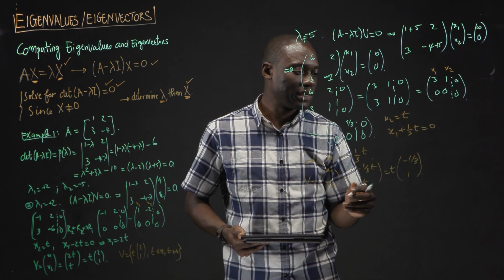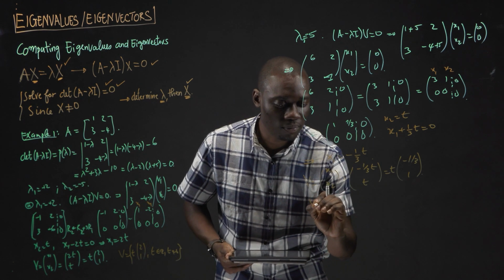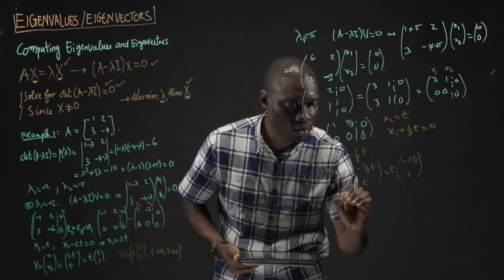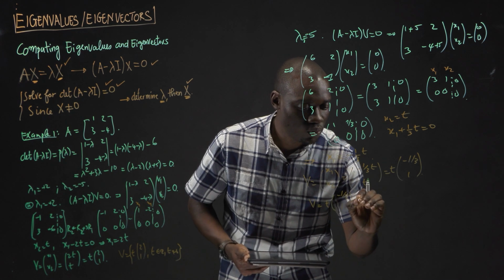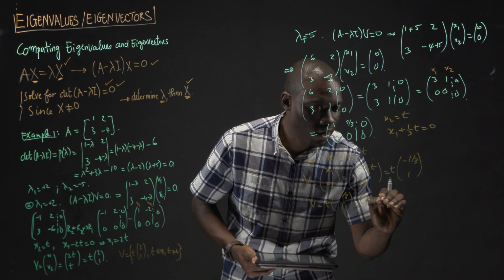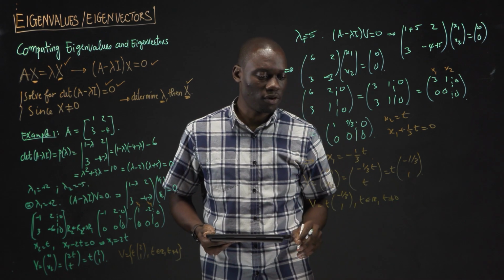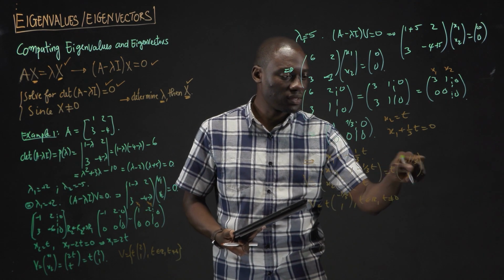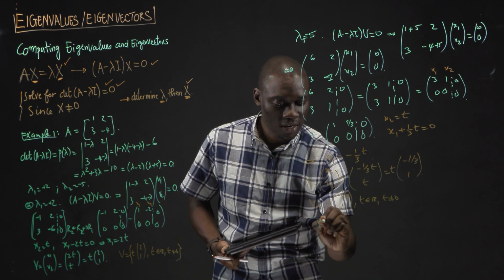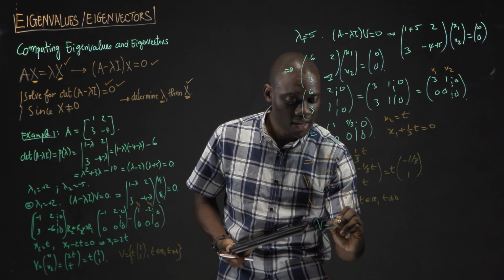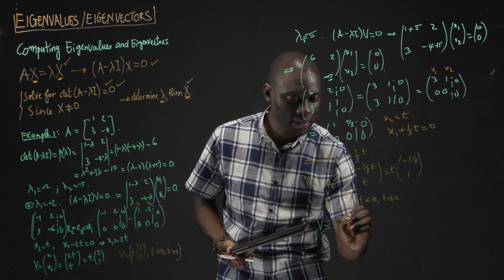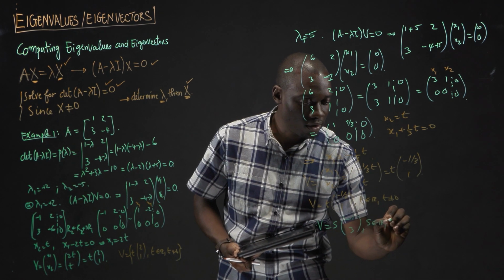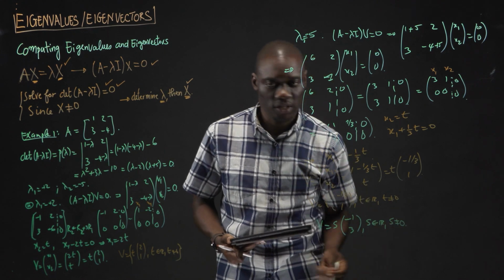From here, my second eigenvector v is t [minus 1/3, 1], with t a scalar in R and t different from 0. Someone else can write this by multiplying the vector by 3, so v equals s [minus 1, 3], with s belonging to R and s different from 0.